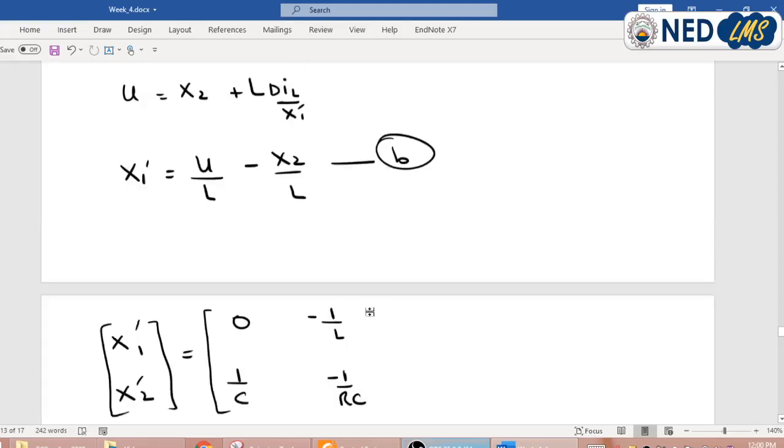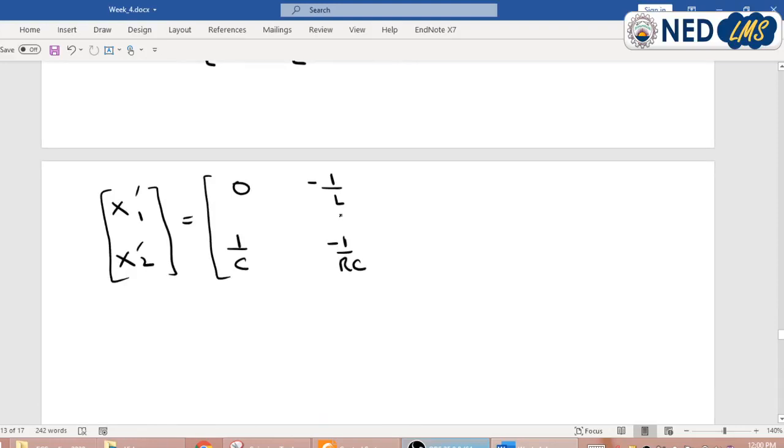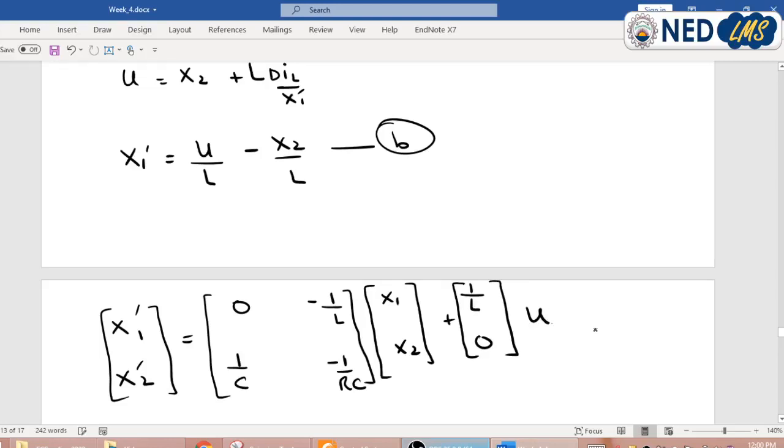You can have a look here. This is 1 over C, minus 1 over RC. This is x1, x2 plus, x1 dash depends on u as well, so the coefficient is 1 over L, and there is no dependency on u for x2 dash. So this is my state space representation.